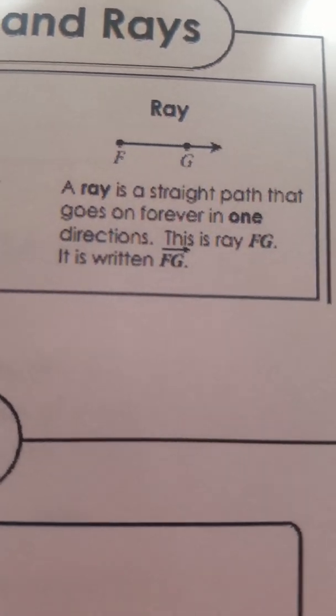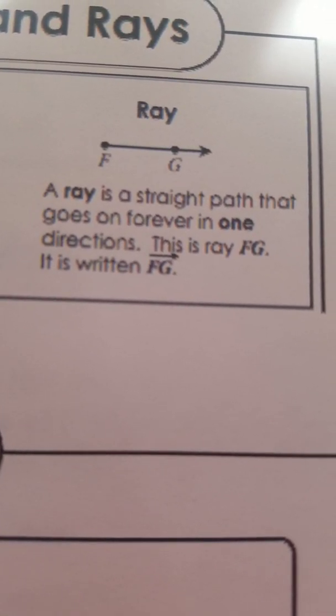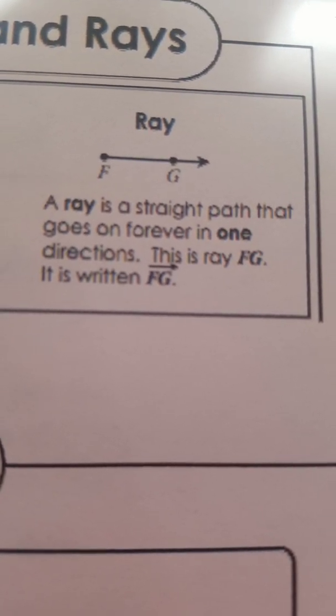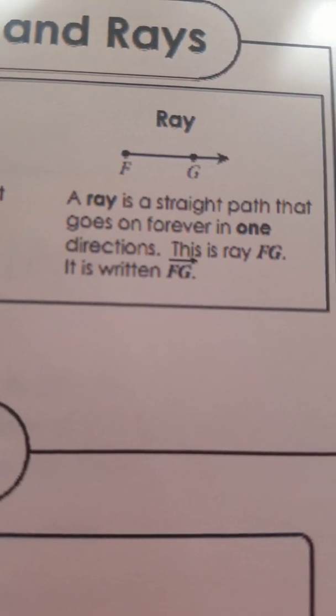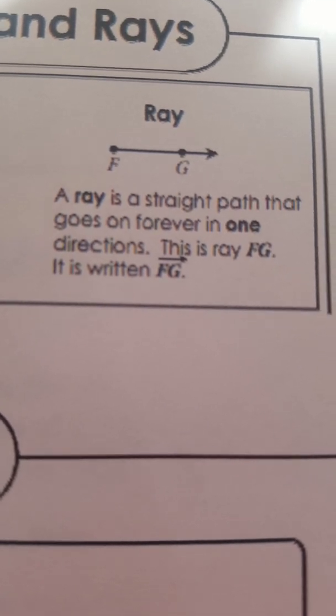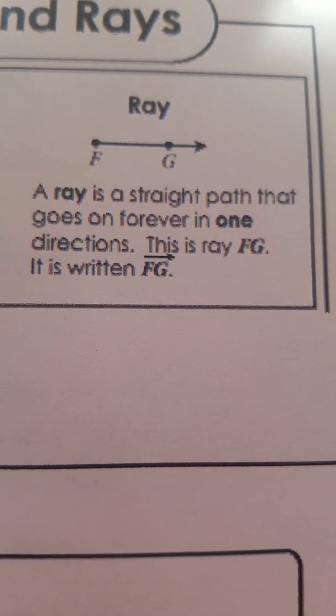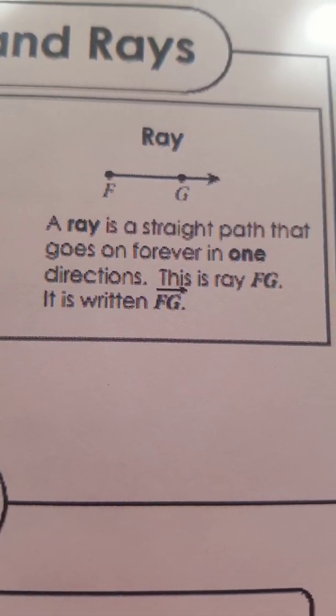And the last one on the top here is a ray. A ray is different from a line, and it's different from a line segment. A ray is a straight path that goes on forever in just one of the directions, not in both. This is ray FG, and you cannot reverse the letters in a ray.